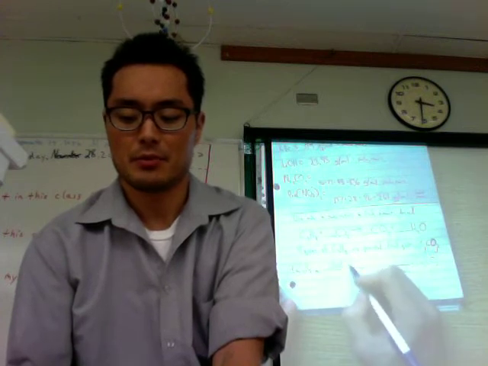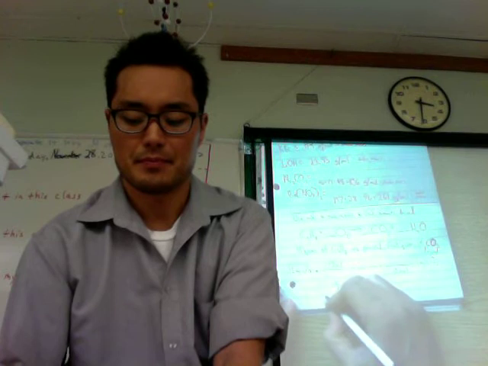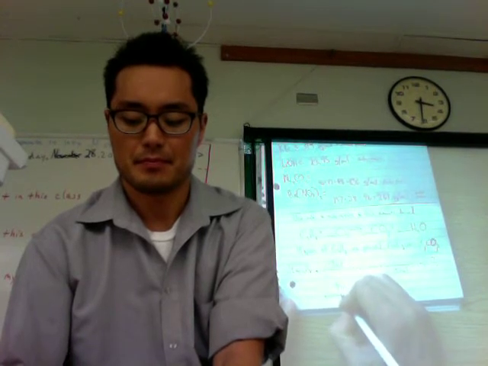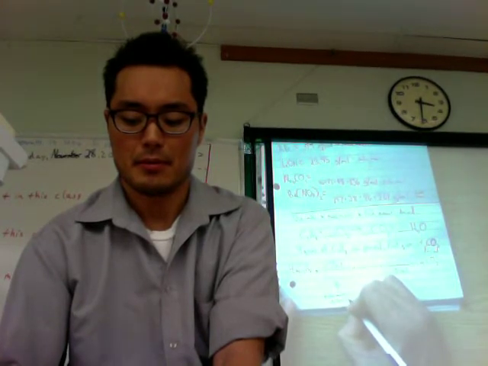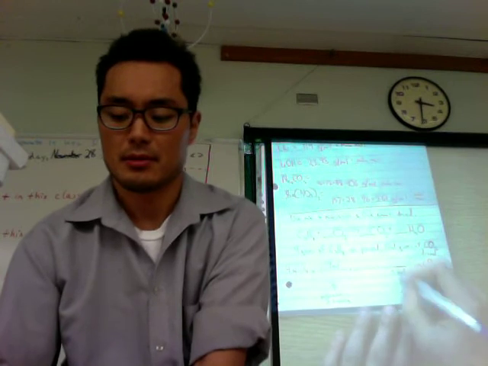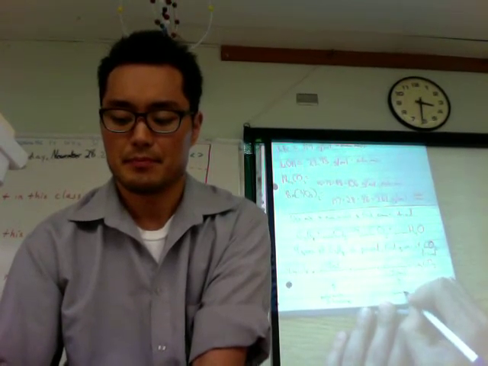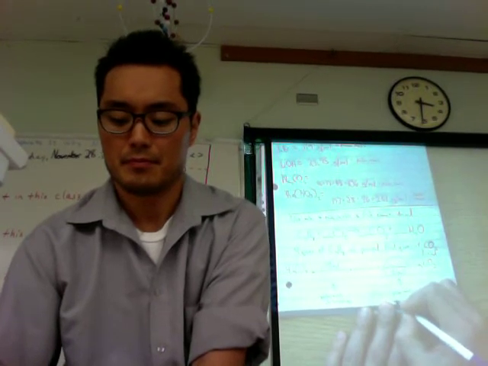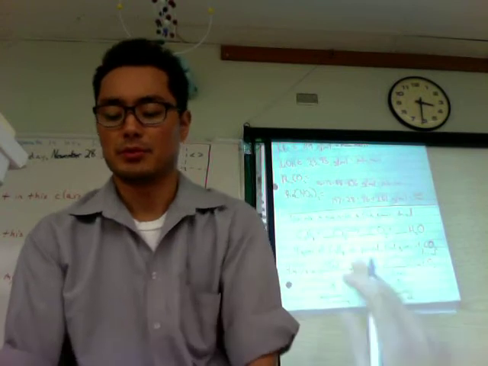You're going to find the molar mass of your beginning. And then you're going to find the molar mass of your end. And then we'll do the third step together.